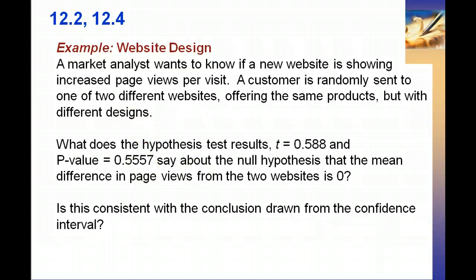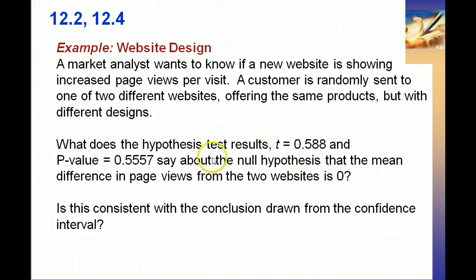So let's look at it real quick. In this case, the t value was 0.588 and the p value was 0.5557.